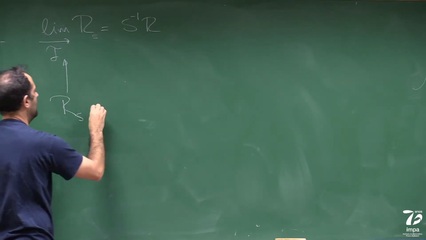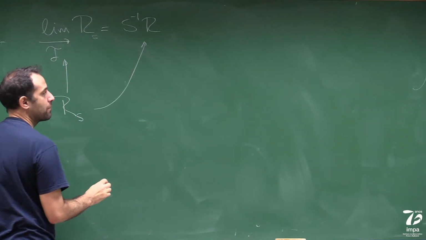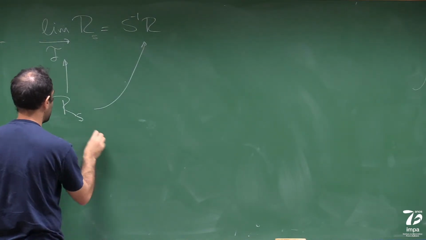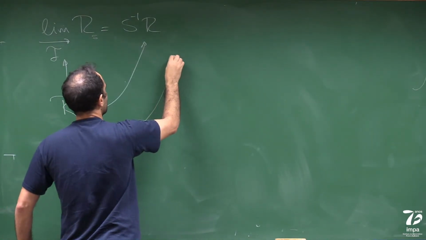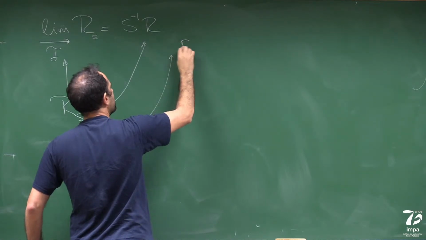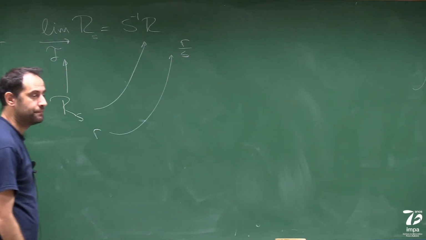And this guy does as well. From here to here, it sends an element R here to R divided by S here.